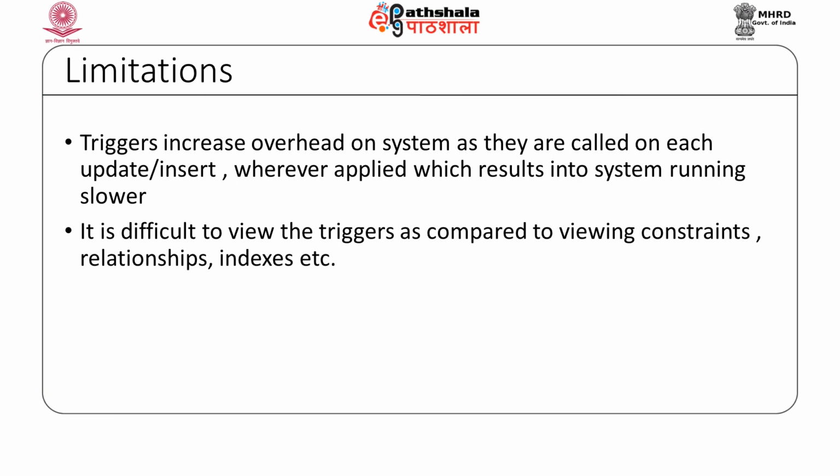Triggers come in two major categories, row level and statement level. If I have written a trigger at row level and my table has 1000 records, then the trigger will iterate for each and every row, which will make my system go very slow. So, it is always advised not to use triggers unless and until explicitly required.